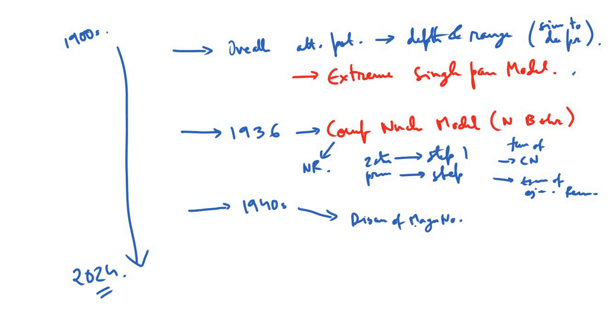And this was very important. This observation basically pointed to the existence of some sort of shell structure in nuclei.